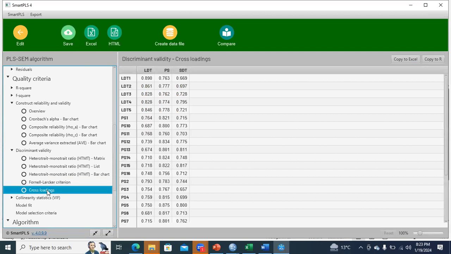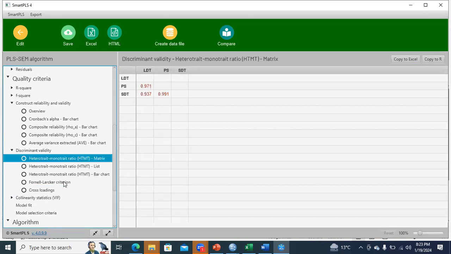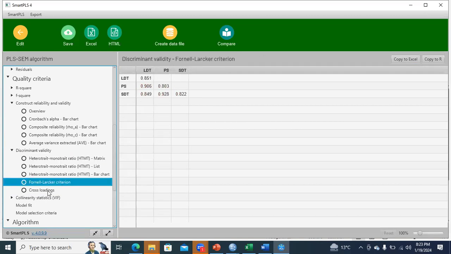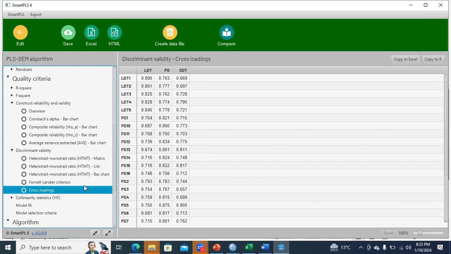So if there is an issue in HTMT, there will also be an issue in Fornell-Larcker criteria and cross-loading also. It means that we need to check whether we have some mistakes in our data entry, or we need to increase our sample size as well in order to rectify it.